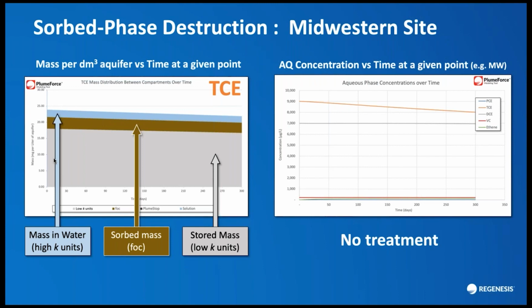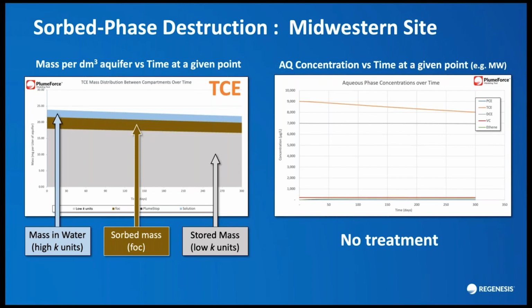And in grey, we've got what we'll call stored mass in the low K units, the mass that has diffused into the lower flux, the lower conductivity matrix, the area from which back diffusion might come from. In this scenario, there's no treatment, just a slow ambient bioattenuation. All the species are degrading slowly.